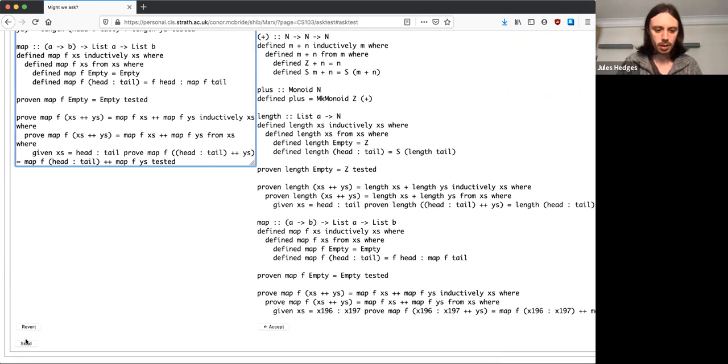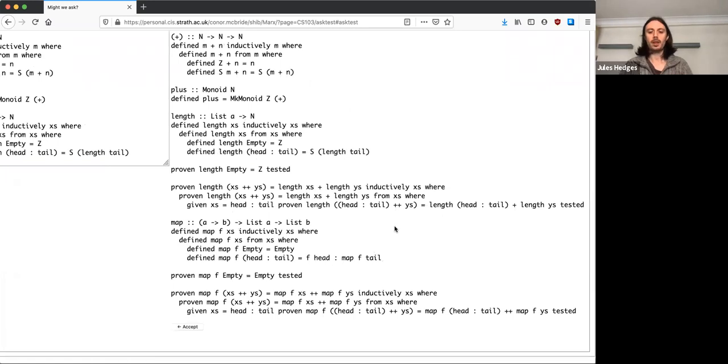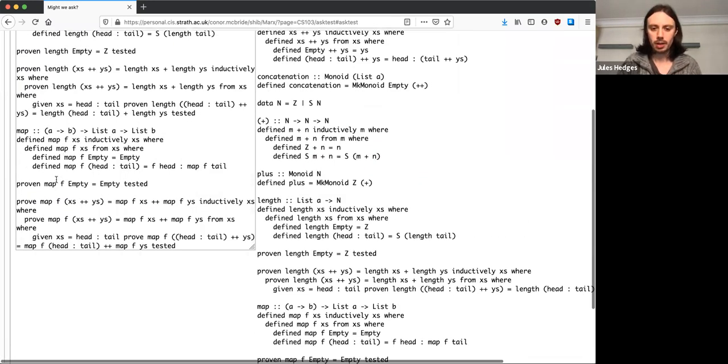Let's go by tested. Let's see. Yes. Okay. So these are proofs of the two equations that say that map is a transformation of monoids from one list monoid to a different list monoid.